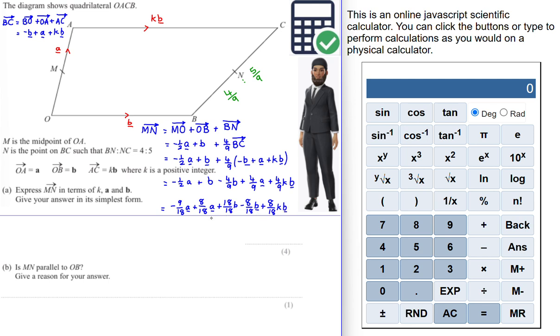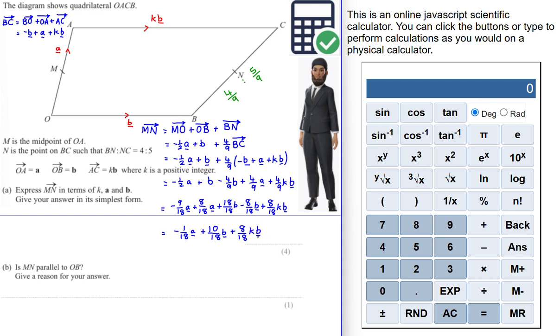Now these two a terms are like terms, so it's minus 9 plus 8 because the denominators are the same, so I end up with minus 1 over 18 lots of a. Over here you have 18 minus 8, which gives 10 over 18 lots of b. Then plus 8 over 18 lots of kb.